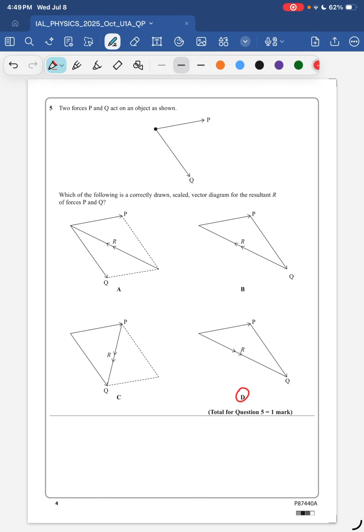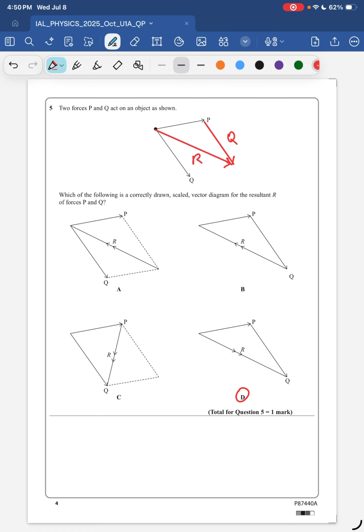What they actually do in D is parallel transport Q. So you add the tail of Q to the head of P, parallel transporting it in that fashion. So R is that vector. The parallelogram method and the method that they use here are equivalent, as they should be.